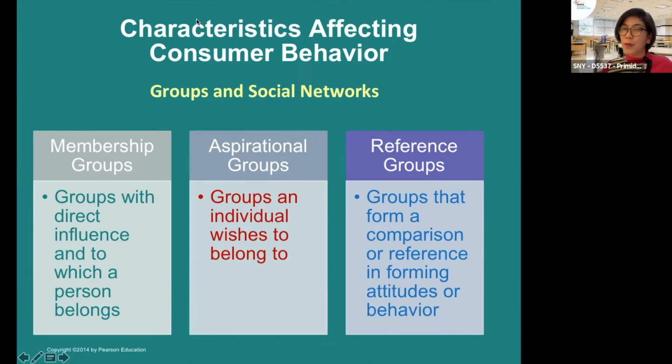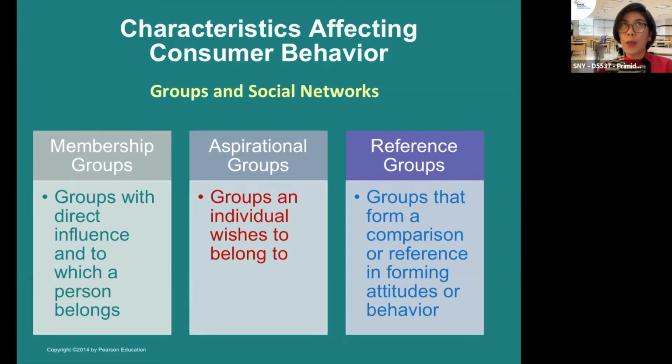What is a reference group? It says groups that form a comparison or reference in forming attitudes or behavior, which means groups that serve as our reference when we shape our attitude towards a brand or something, or our behavior towards something, right? So that's a reference group.